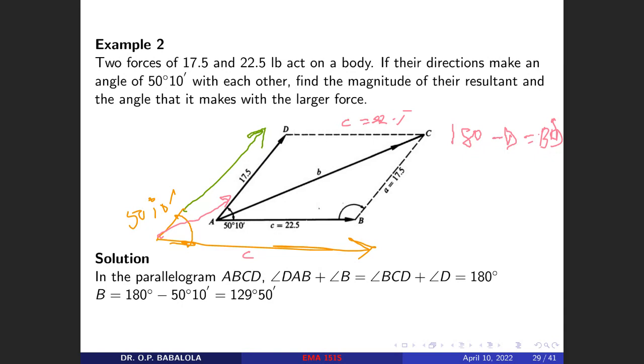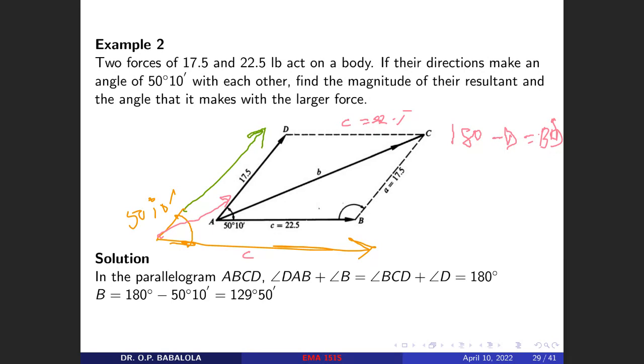Now, you were told to find the magnitude of their resultant. What is the magnitude of these two forces? It's just the resultant force. We have not actually got there; we've not solved for that.